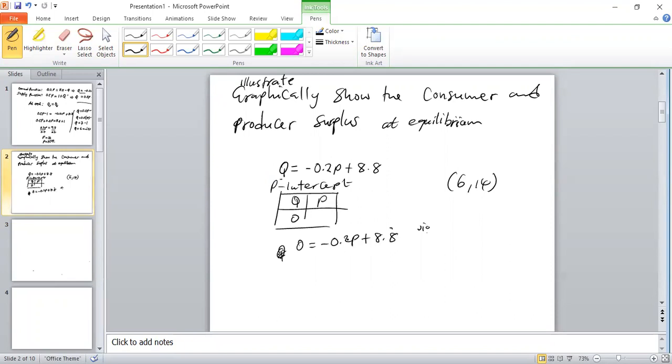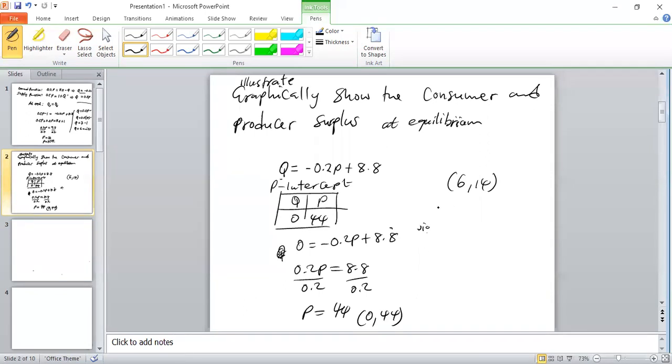Then solve for P, take it this side. So it will be positive 0.2 P equals 8.8. Then we divide by 0.2, so that P is 8.8 divided by 0.2. What do we get? 44. So it means we have the coordinates, it's cutting at 0, 44.